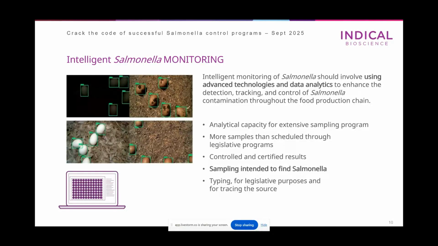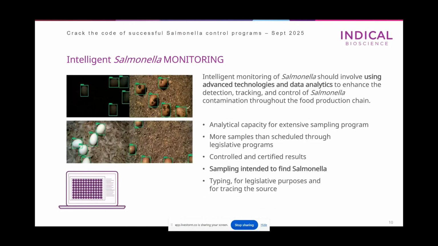But you need to have that extensive sampling program, at least in the beginning when you are fingerprinting your production site, understanding what your production site is about. So you sometimes need more samples than scheduled through the regulation, meaning you cannot only look for SA state.